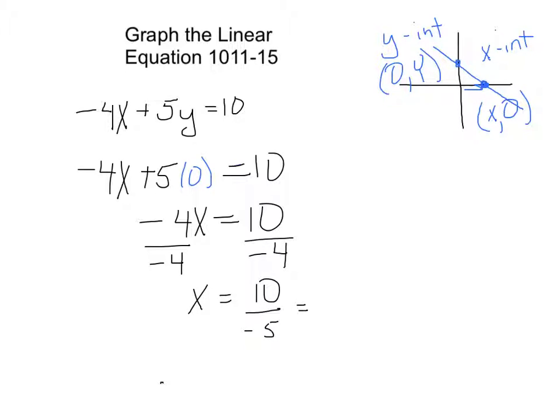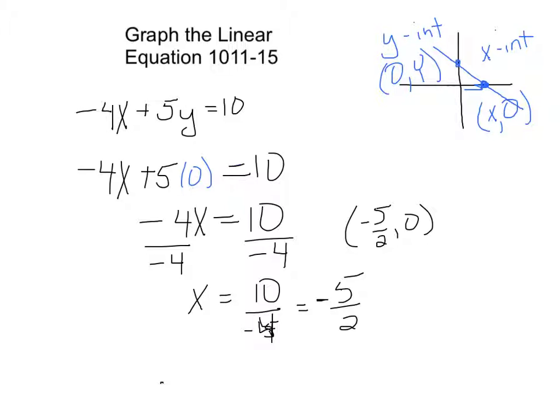And reducing, that would be 4 here. Sorry, made a mistake. 5 halves, and it would still be negative. So, when y is 0, x is negative 5 halves.